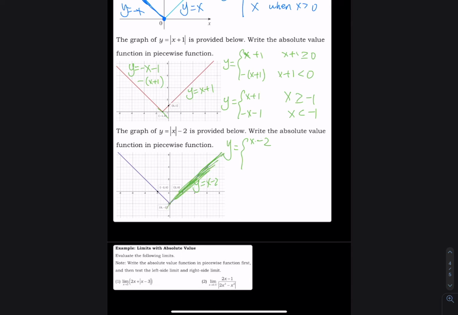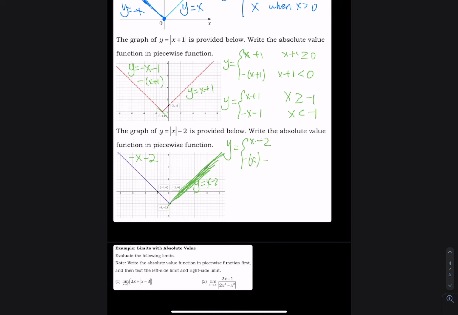So this is y equals x minus 2, the piece on the right. And then the other one is also a -2, but we have negative x minus 2 because the slope is going downhill, is decreasing. So we have y equals x minus 2 and negative x minus 2. Actually, I have to close the parenthesis. Oh, come on.